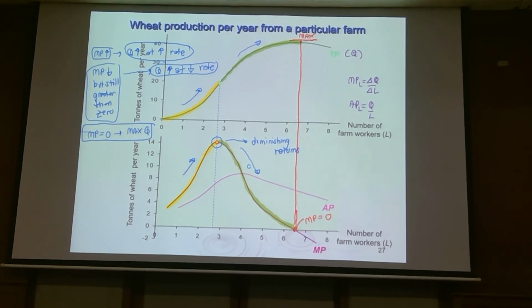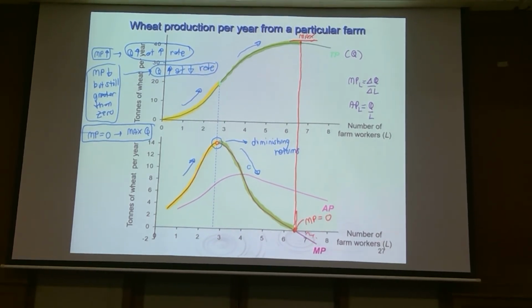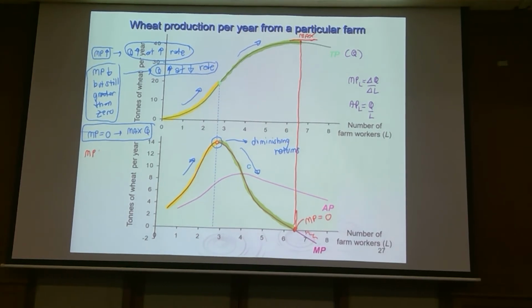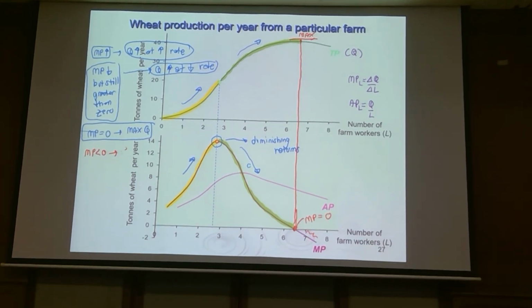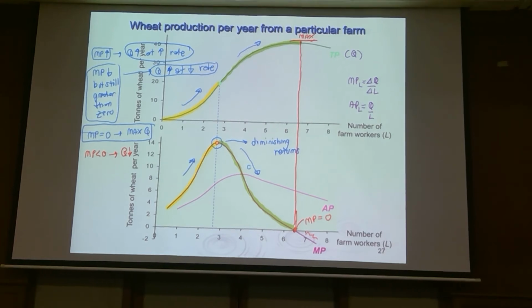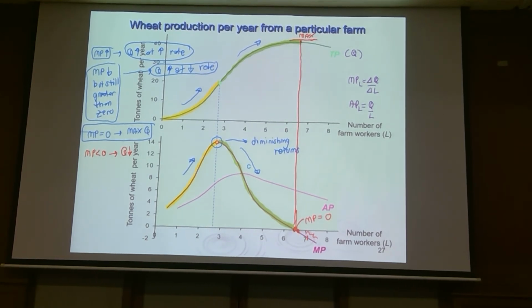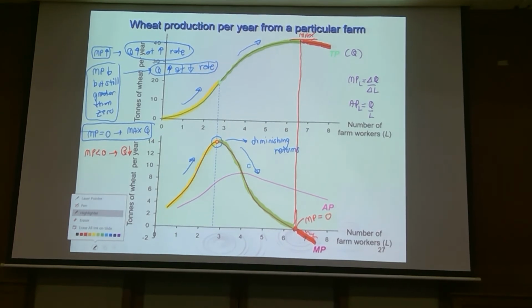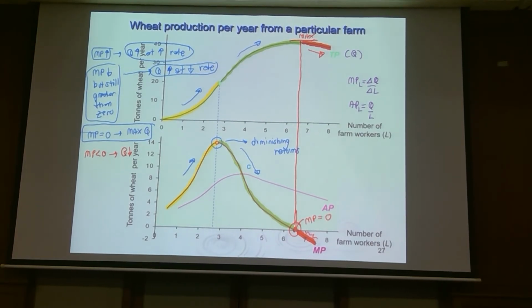Because once you start to employ labor that gives you negative marginal product, what happens? Output is going to fall instead. If you continue employing the labor that gives you negative marginal product, you're going to get a lower amount of output instead. So the last unit of labor that you're going to employ is around somewhere there.